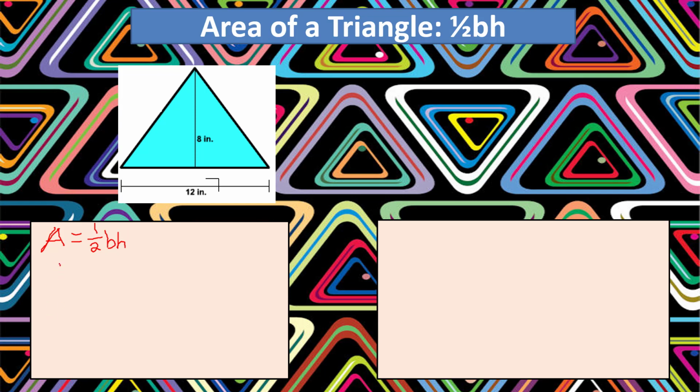We know that the area is equal to 1/2. The base of this particular triangle is 12 inches. So 1/2 of 12 times the height. Well, the height is 8 inches.